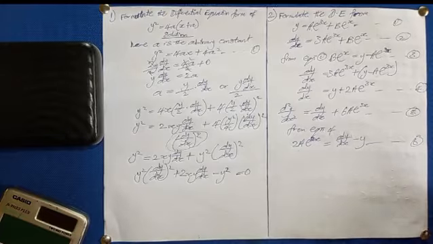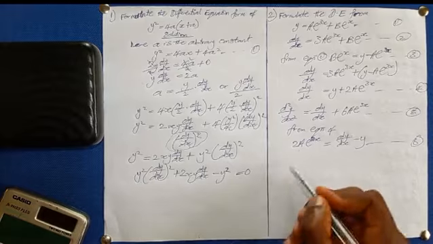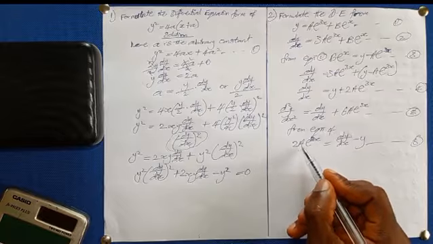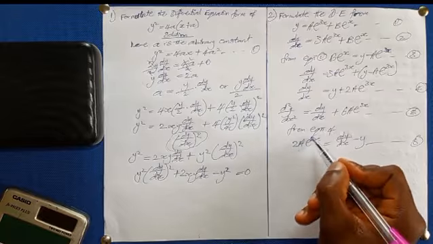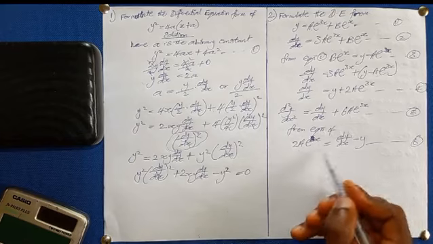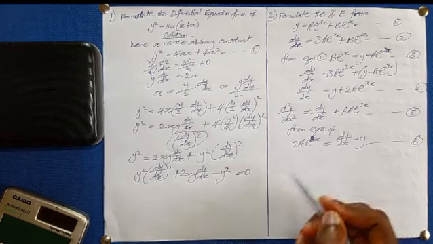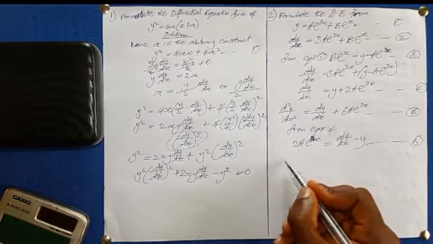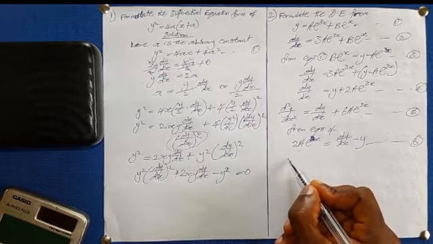I'm giving this equation so that you understand the steps very well. So after knowing that 2a e^(3x) equals dy/dx minus y, we bring this in so that we can input it.